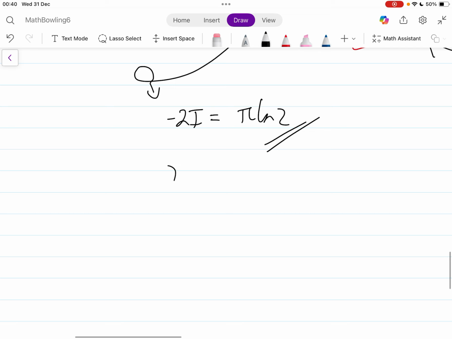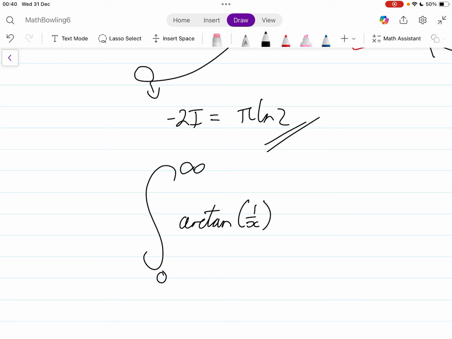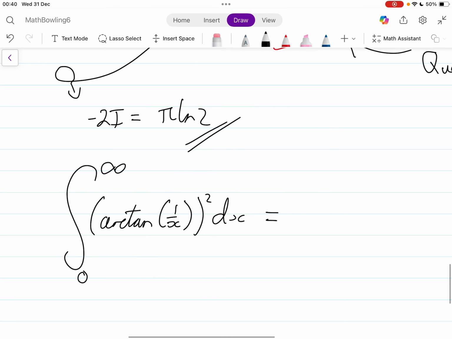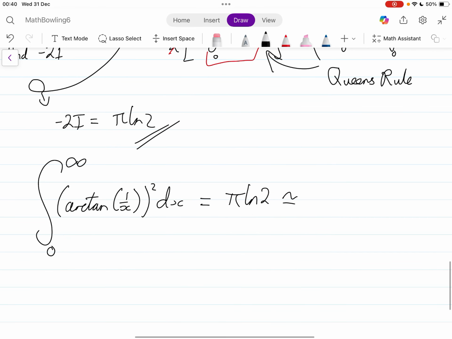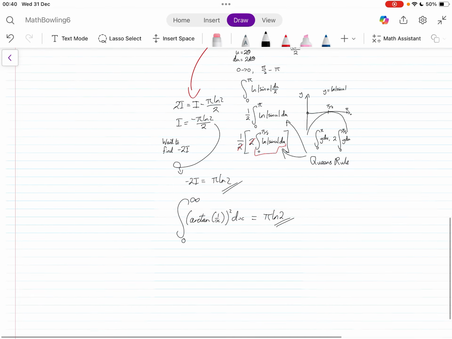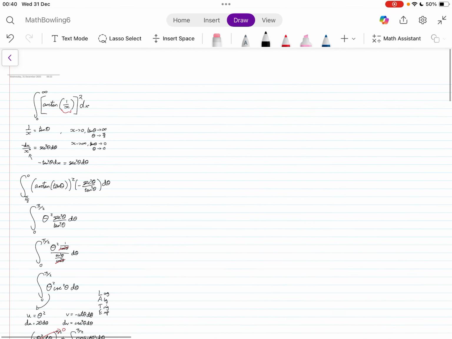So the integral from 0 to infinity of arctan of 1 over x squared dx is going to equal pi ln 2, which I believe is about 2.77, although don't quote me. So I hope you guys found that as fun as I did, because that was a very nice integral.